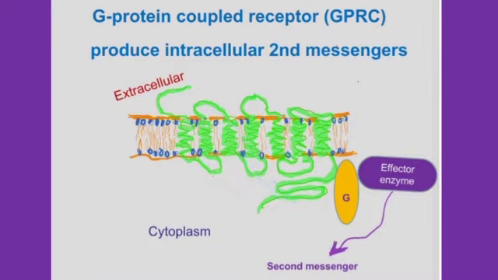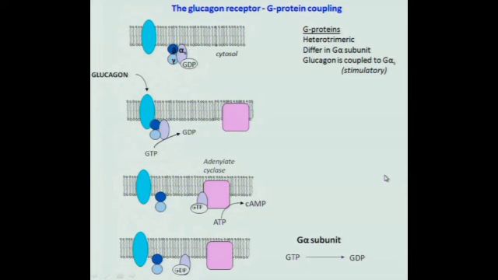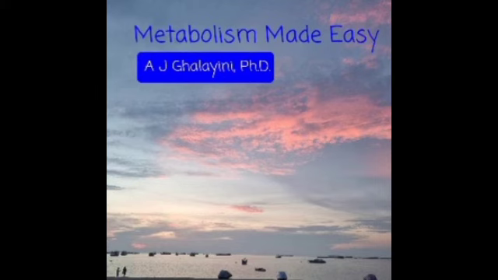It will start the same cascade as the beta-adrenergic receptor. Okay, so everything beyond the receptor, after the glucagon receptor and after the beta-adrenergic receptor, will be identical. Okay? You with me? Okay. All right.